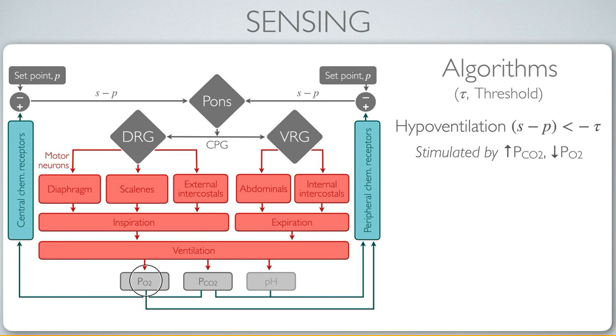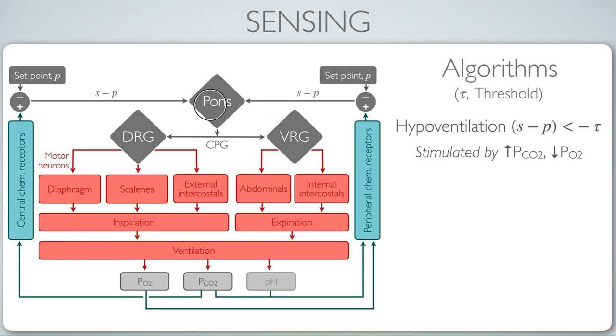Now, in hypoventilation, we have too much carbon dioxide and not enough oxygen. So that drop in the oxygen does activate the glomus cells in those peripheral chemoreceptors. That's the state variable in the case of oxygen, which is then compared against a set point. So we have set points for both oxygen and carbon dioxide in the periphery.